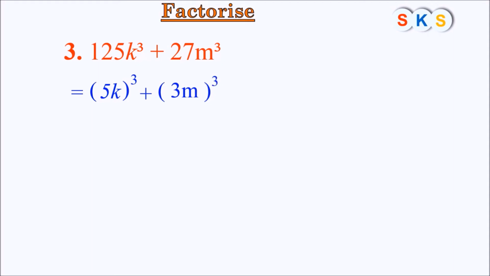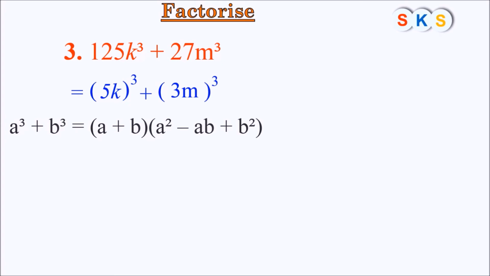And you can see that this question is converted in the form of a cube plus b cube. So we will use formula of a cube plus b cube. And you can see that the formula for a cube plus b cube is a plus b into a square minus ab plus b square. What is the value of a over here?